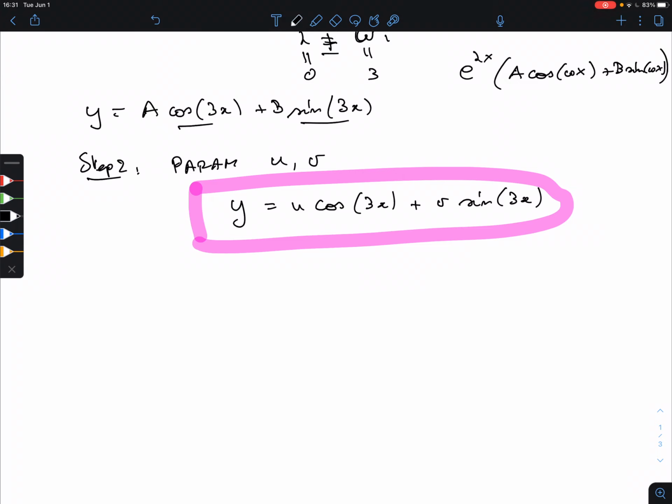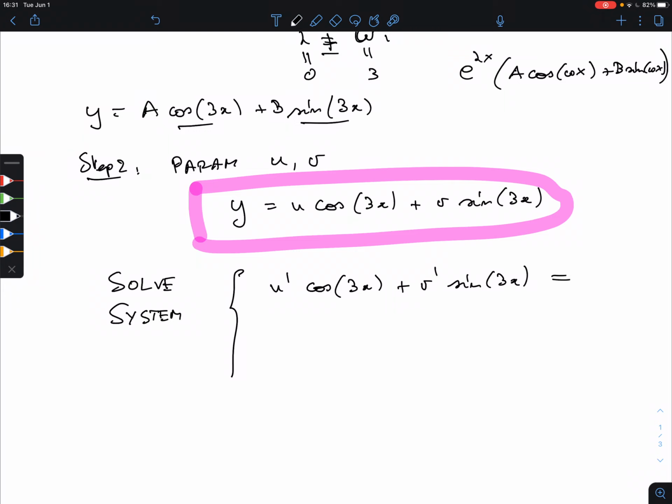What we do is solve the following system. That is very important. First of all, you take the same cosine and sine 3x, but now with u prime and v prime, and say that has to be equal to 0.